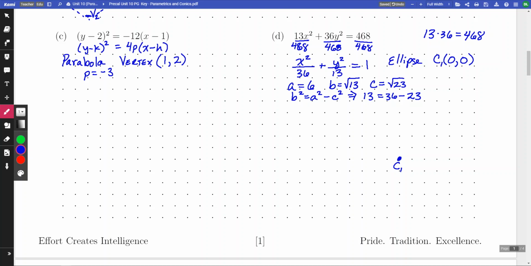Now, my A value is underneath my x, so I know I'm going to be along the x-axis, or along the horizontal rather, for my major axis. And I'm going to be 1, 2, 3, 4, 5, 6 units to the right, and 1, 2, 3, 4, 5, 6 units to the left. Now, for the y-axis, I'm going to be root 13 units above and root 13 units below.